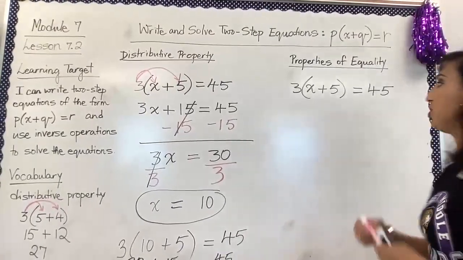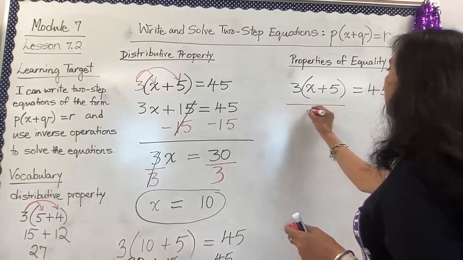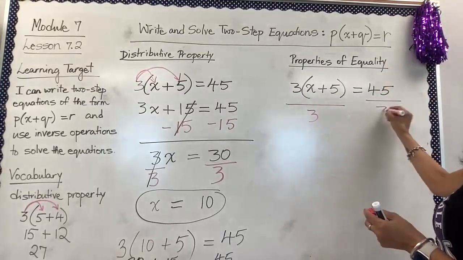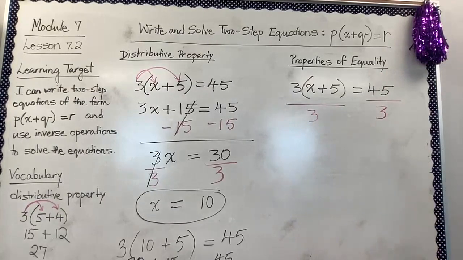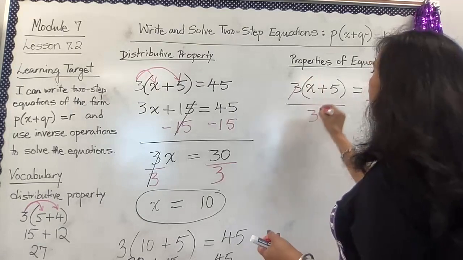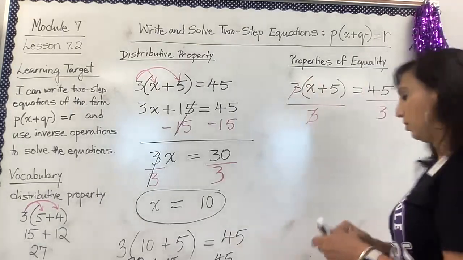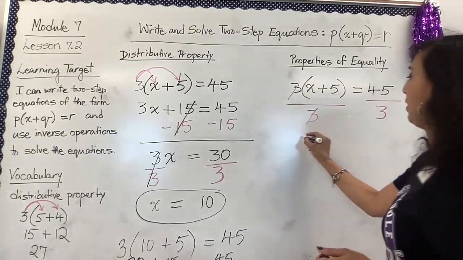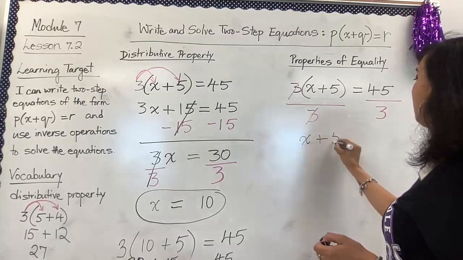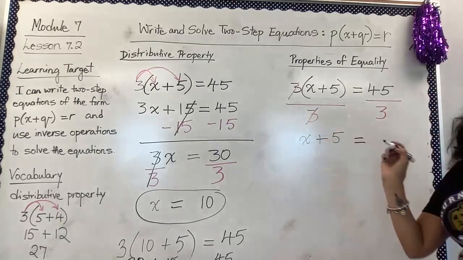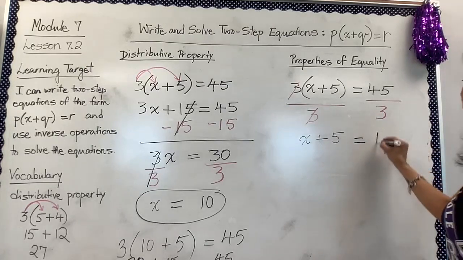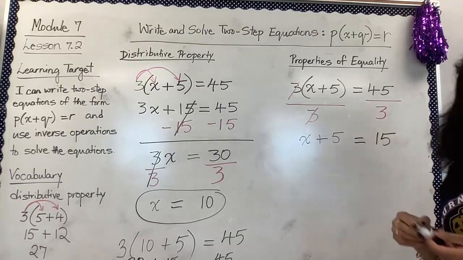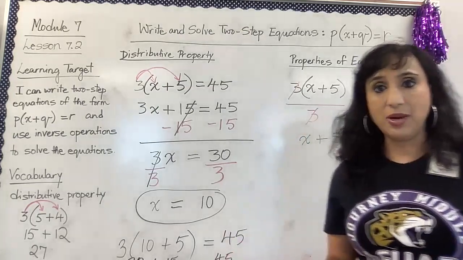So I am going to divide both sides by 3, because in an equation, whatever I do on one side, I have to do exactly the same thing on the other side. And so 3 divided by 3 is 1. Okay, and so then I'm left with x plus 5 is equal to 45 divided by 3, which gives me 15. And now I have a one-step equation.